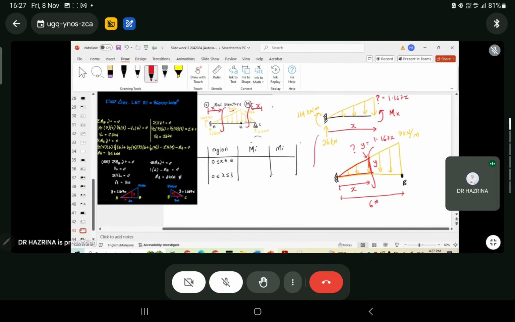So we want to calculate your moment. So we take the summation of moment at where? At X. Okay. Summation of moment at X, clockwise positive, equals 0.